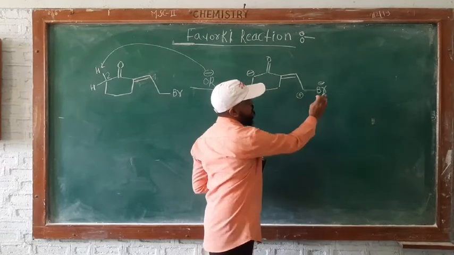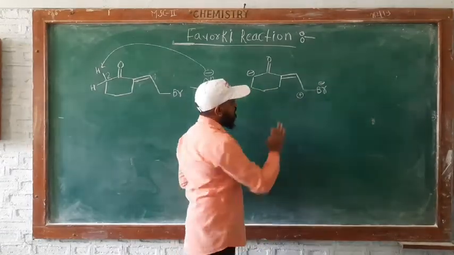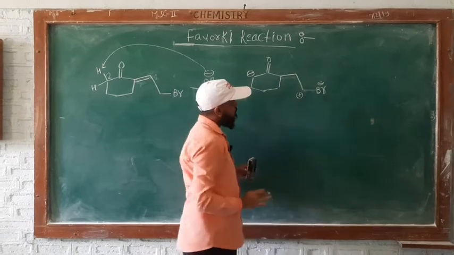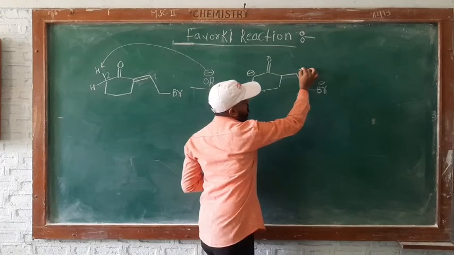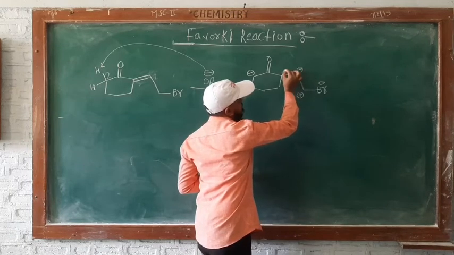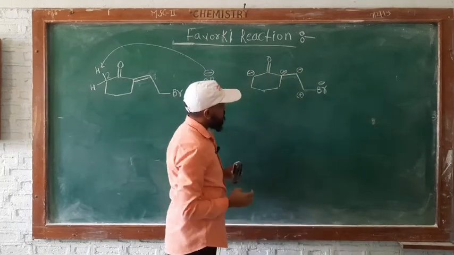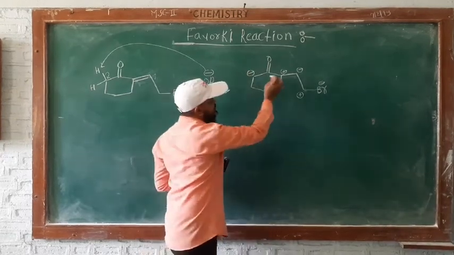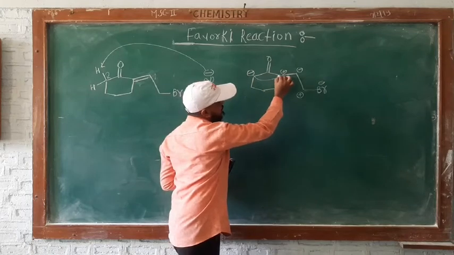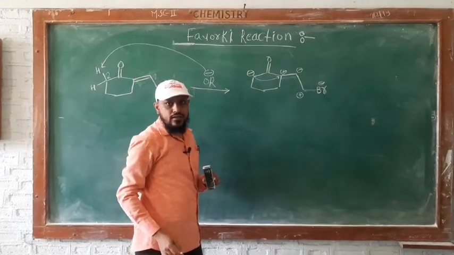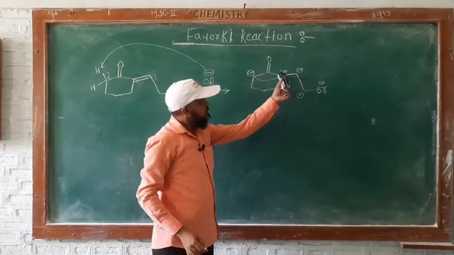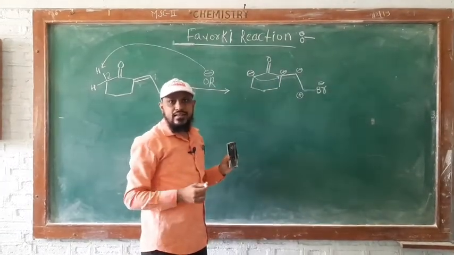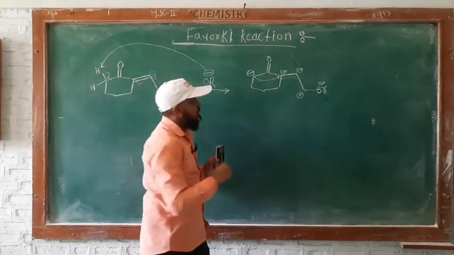So here bromine will be removed. After that this bond will break, so this carbon bears a negative charge and this carbon bears a positive charge. This negatively charged carbon attacks the positively charged carbon like SN2 type, due to which a bond is generated in between and we will get a cyclopropanone intermediate.